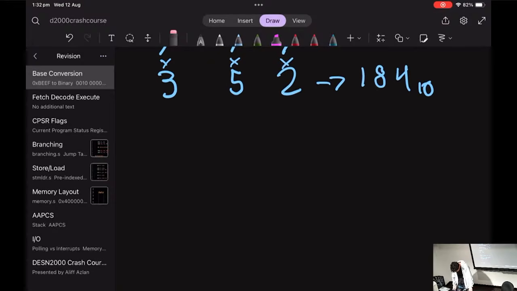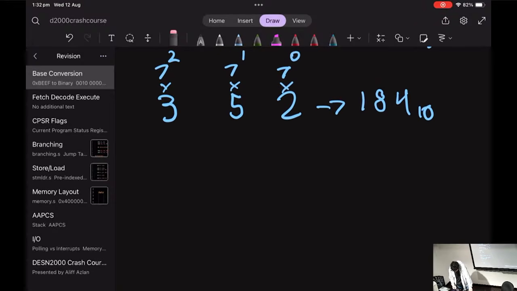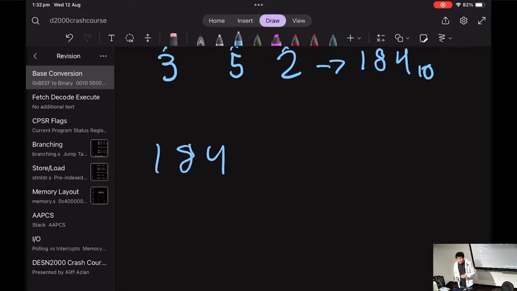Now, if we want to convert it the other way around, what we do is keep dividing by the base, and we take the remainder. So what's 184 divided by 7? That is 26, remainder 2, right?